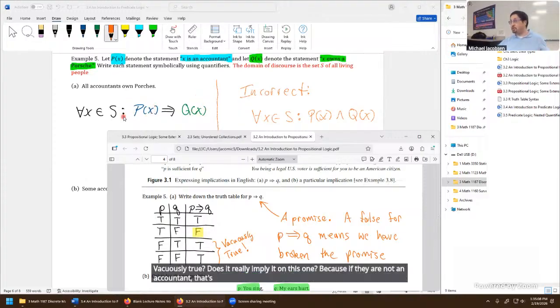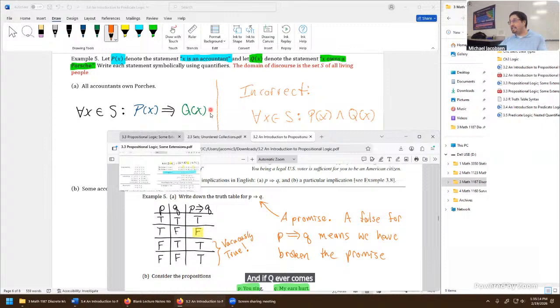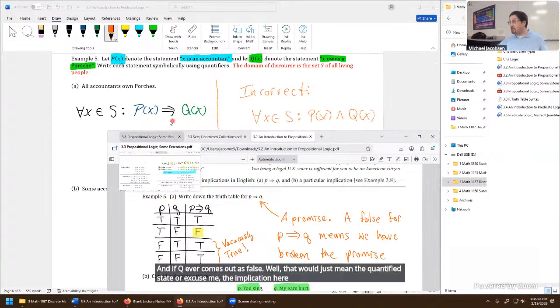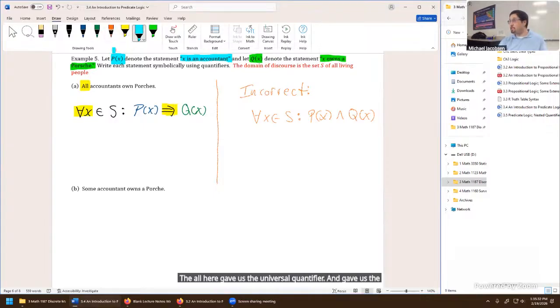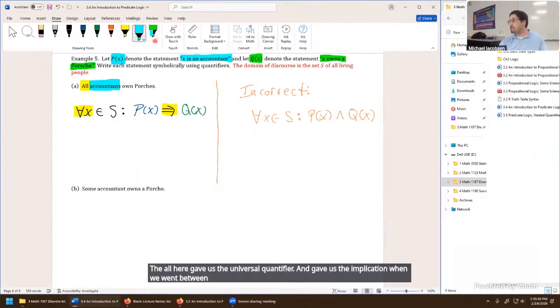The whole statement is still true vacuously. And if Q ever comes out as false, well, that would just mean the implication here would be false outright. So that's, again, pretty tricky as a statement altogether. The all here gave us the universal quantifier and gave us the implication when we went between accountants and owning Porsches.